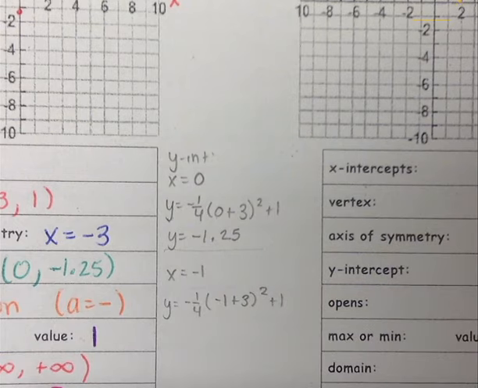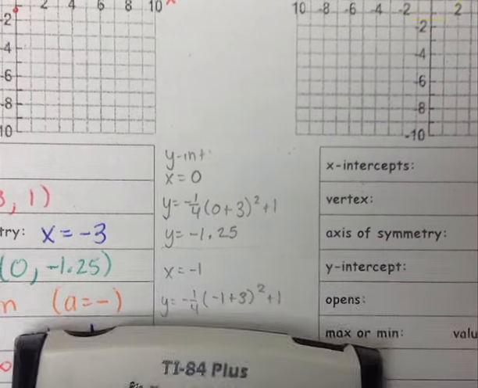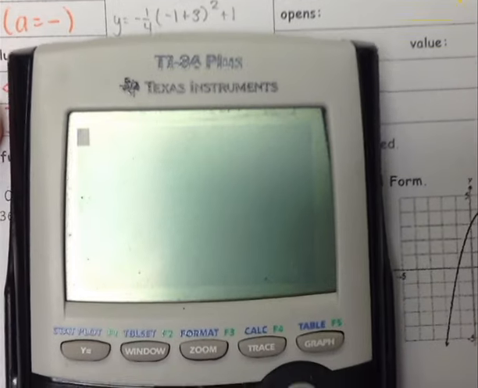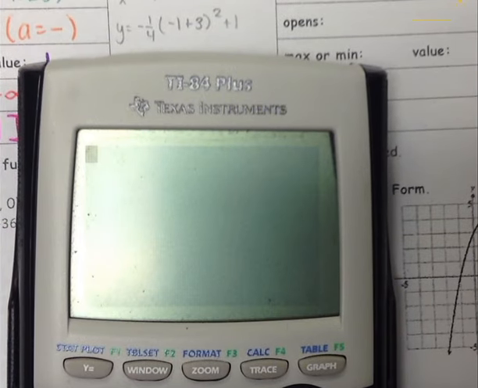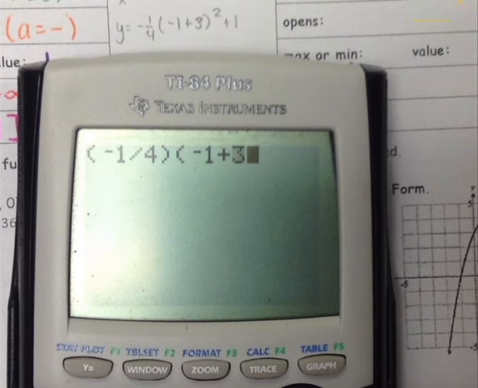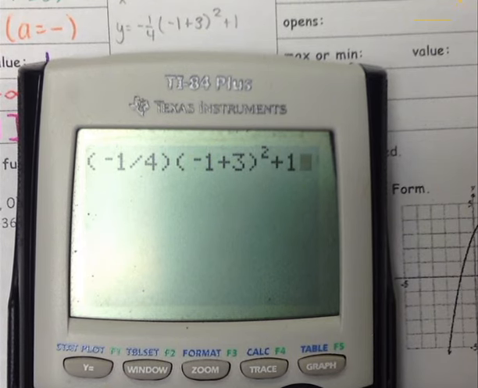So again, I'm going to go to my calculator. Type in negative 1/4, again in parentheses because it's a fraction. Type in everything else the same. So parentheses, negative 1 plus 3, parentheses, squared, plus 1, and I get 0.